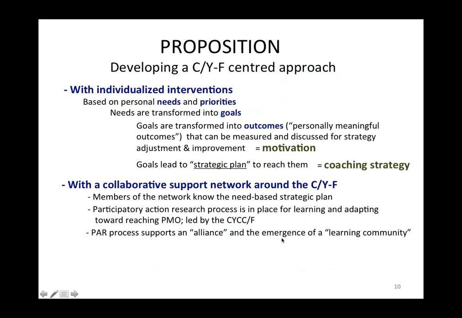The participatory action research process helps also developing the alliance, the one that can be therapeutic or life, healthy life alliance. And altogether, it's supported by the concept of a learning community, because it supposes that over time, this collaborative network will become more efficient.